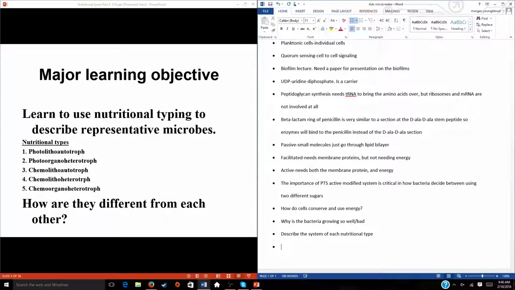So the connection would be, number one, it's really interesting because it's a bacteria. It's prokaryotic compared to eukaryotic cells, and it's photosynthetic.